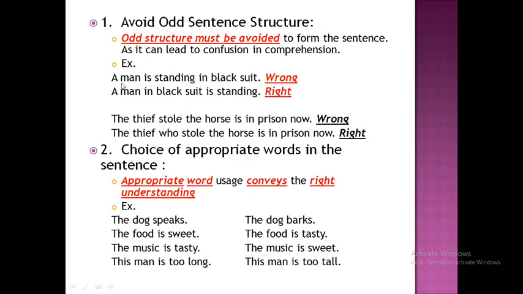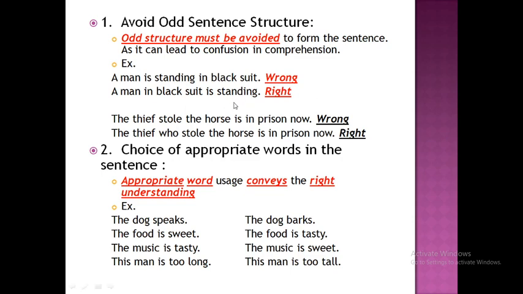Did you understand? Black suit is referring to a structure where someone can stand. So this man is standing in a structure we are calling black suit. That's why this is wrong. But a man in black suit is standing is the perfect structure, because now a man in black suit refers to a man wearing that black suit, and he is standing.